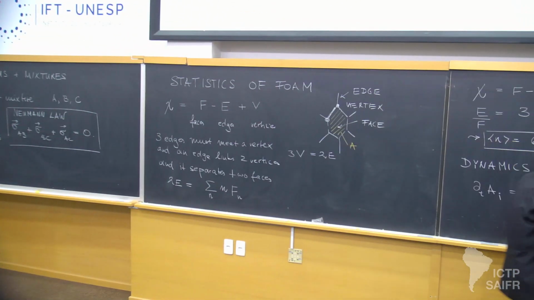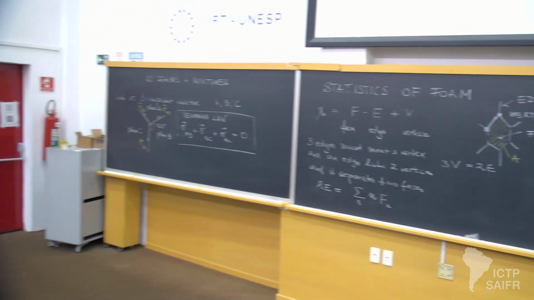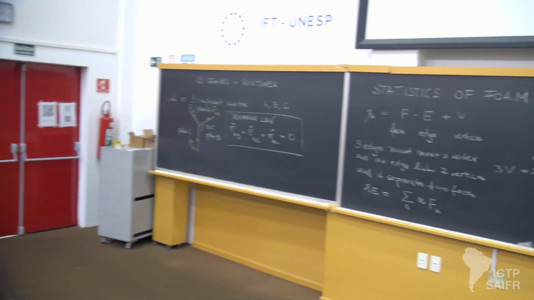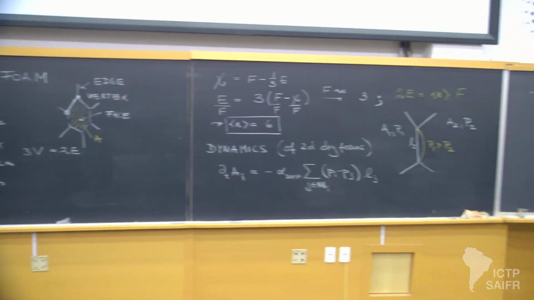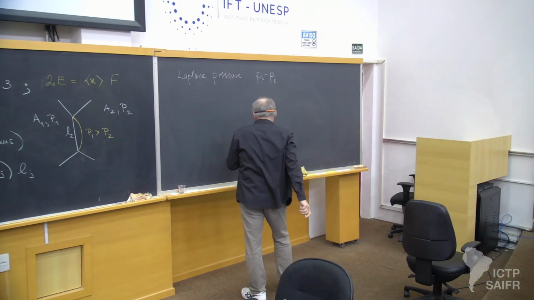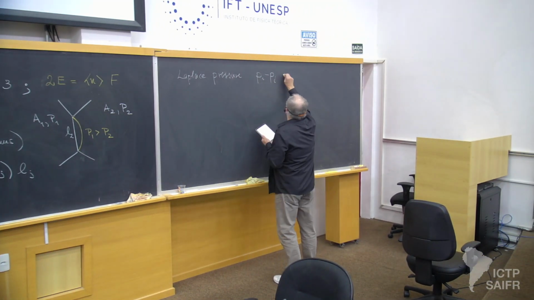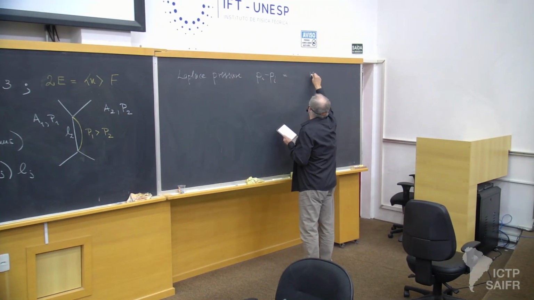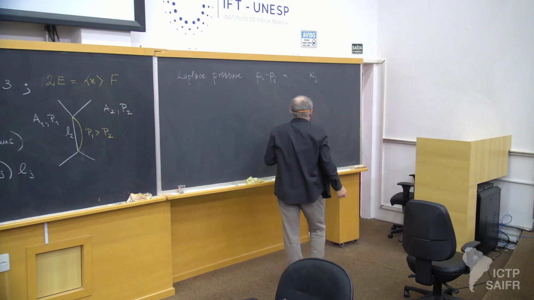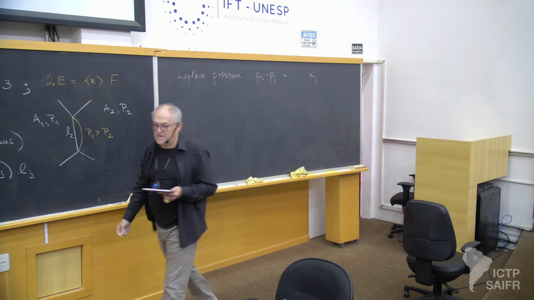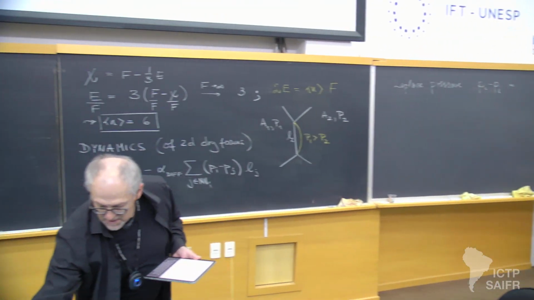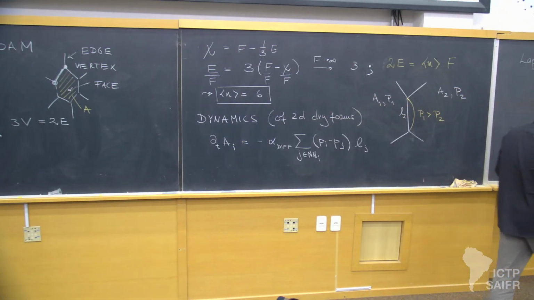So we have Laplace pressure, which means that my pressure jump between the two cells i and j will be the curvature of my cell j, and the response coefficient that we have here is sigma.